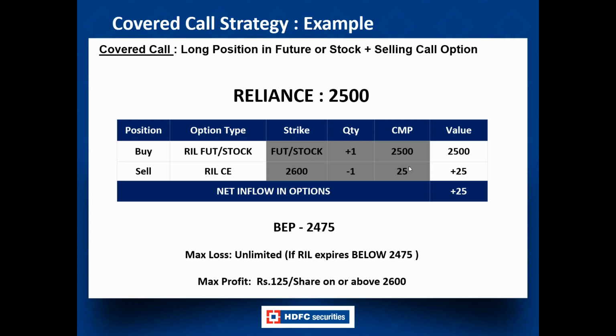So this premium you will be getting, and the difference between your future price and the strike price is 100 points. So 100 plus 25 is 125 rupees, the maximum profit you will be making. Because about 2600 this call option will have a negative outflow, since we have sold the call option at 2600, but we already have a future with us, so it will be compensated from the futures price.